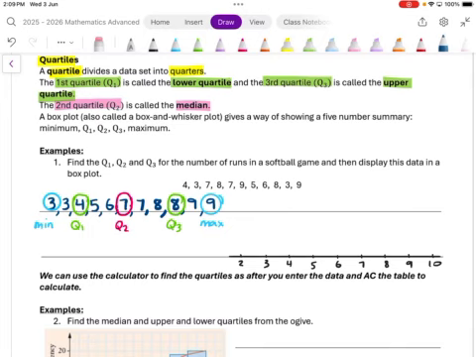What we want to do is draw a small line at our minimum and a small line at our maximum. We do a bigger line at our Q1, Q2, and Q3.